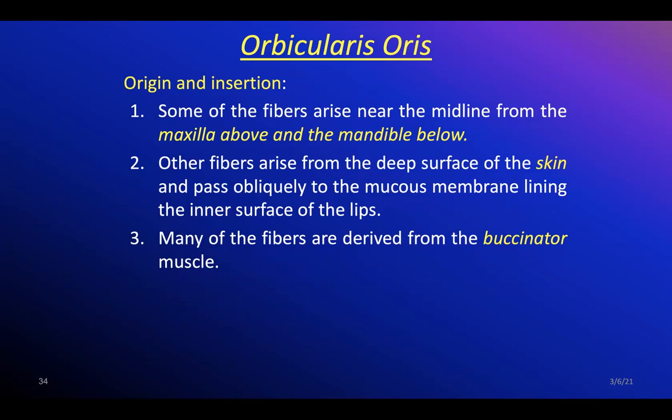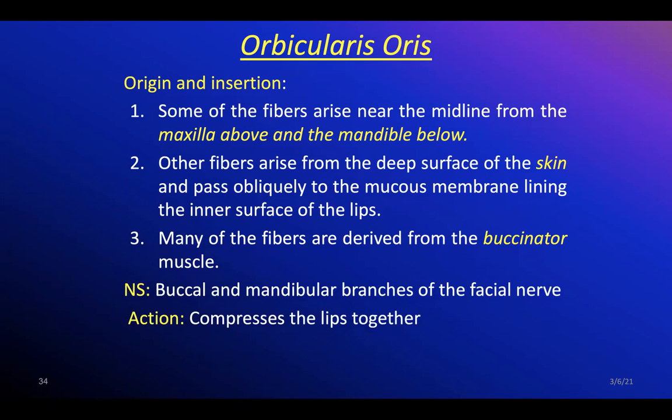Other fibers arise from the deep surface of the skin and pass obliquely to the mucous membrane lining the inner surface of the lip. Many of the fibers are derived from the procerus muscles.